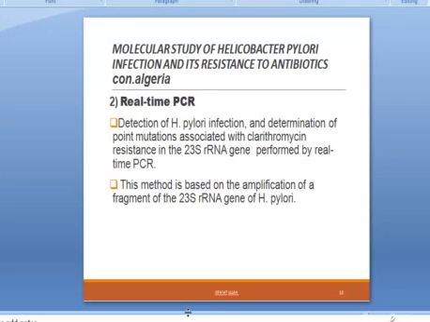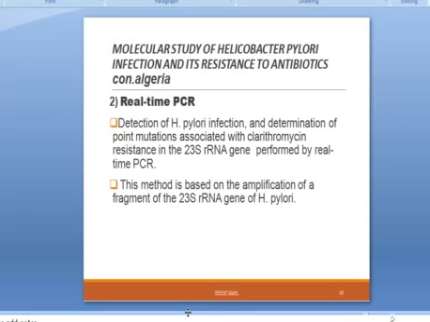Real-time PCR. Detection of H. pylori infection and determination of point mutations associated with clarithromycin resistance in the 23S rRNA gene were performed by real-time PCR.